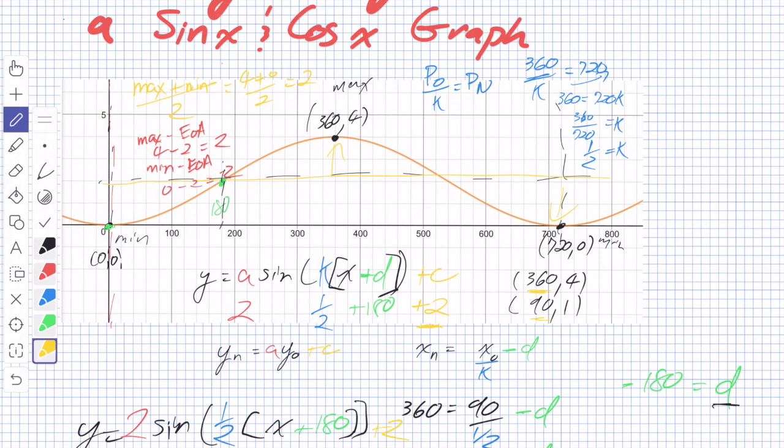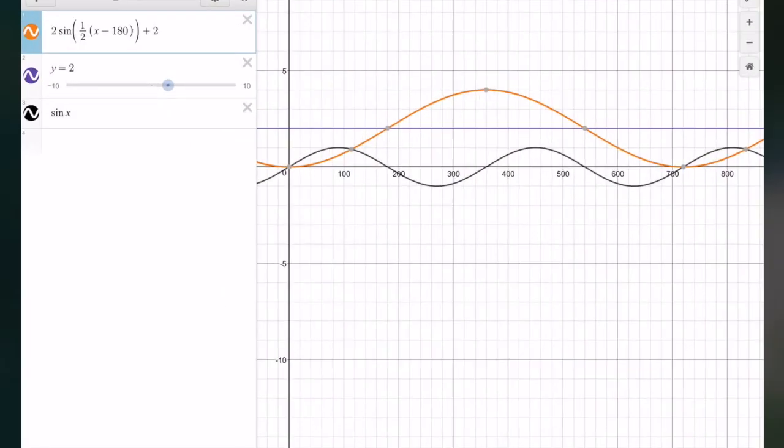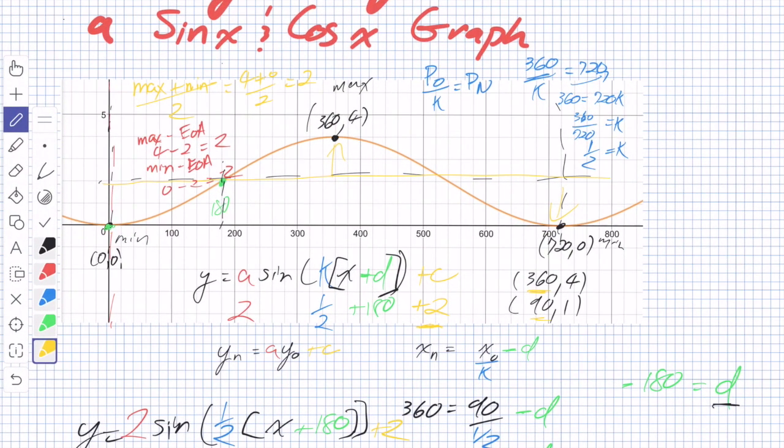And I actually created this in Desmos. So it should be, did I write negative 180 in there? Or did I write positive? Whoops, sorry. It is negative 180.